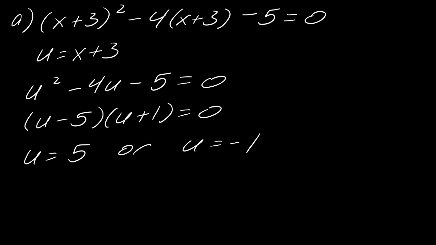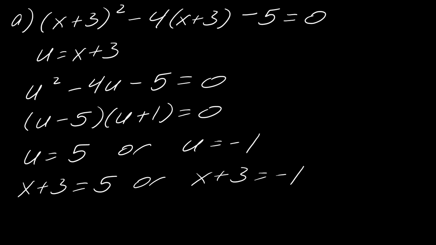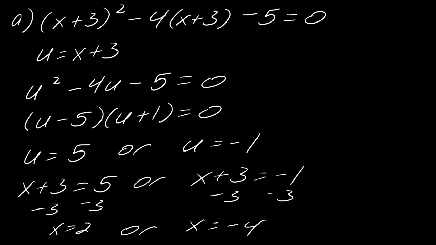Now I need to go back and replace my u with the x plus 3. So now I get x plus 3 equals 5 or x plus 3 equals negative 1. Now I can finish this, right? I can just solve for x as I normally would. So I get x equals 2 or x equals negative 4. And so those are going to be my 2 solutions. That's actually all you have to do for that one.